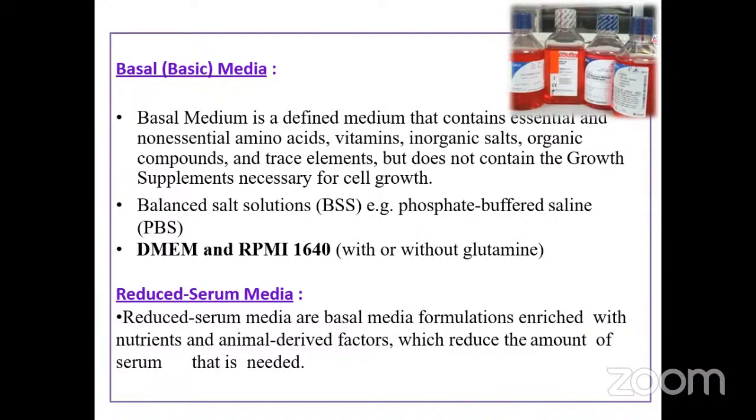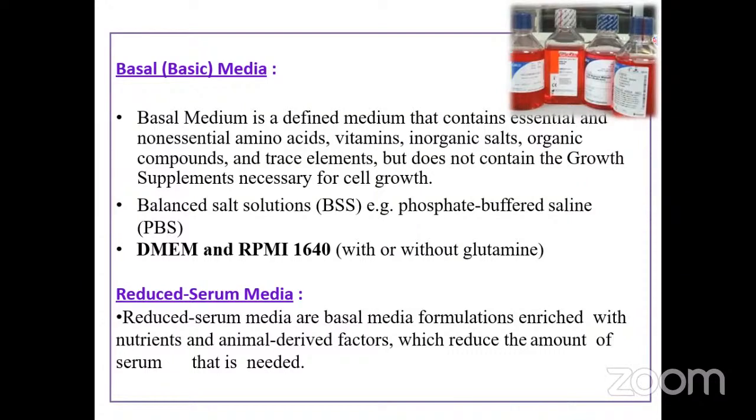These two are commercial media. In the olden days they didn't have any commercial media, so they used blood clots or tissues directly for the growth of cells. But now commercial media are available. And here the term defined medium means we know what components are present. Therefore, that is called a defined medium.